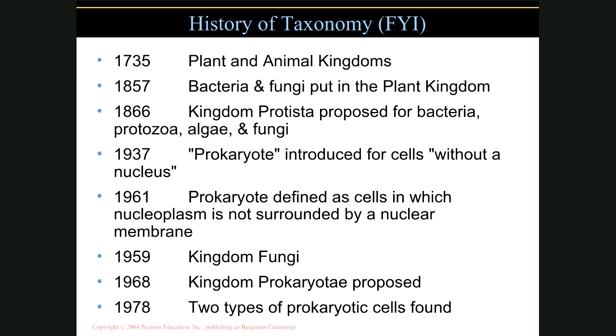In 1978, they discovered the archaea, that other major group of prokaryotes. So one of the problems with classification is it's constantly changing. You have to get a lot of scientists to all agree to a particular name or a particular classification group. And that's not easy to do.